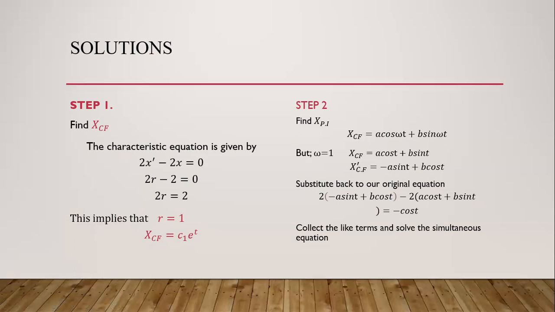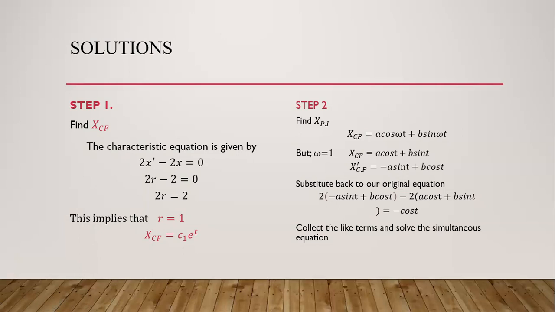So we want to have a function that will represent x prime and x by itself. The first function will represent our x. So we want to differentiate this x so that we can have x prime.